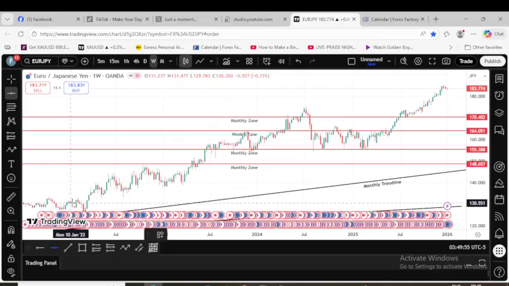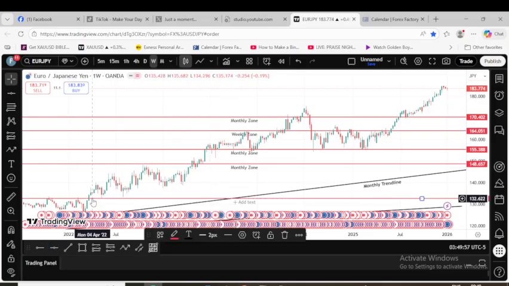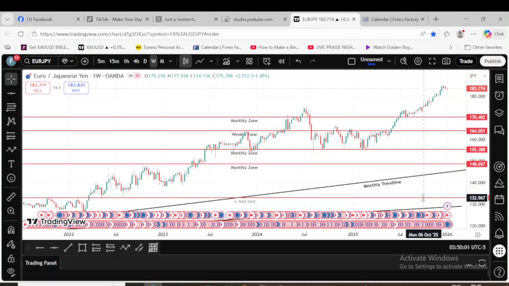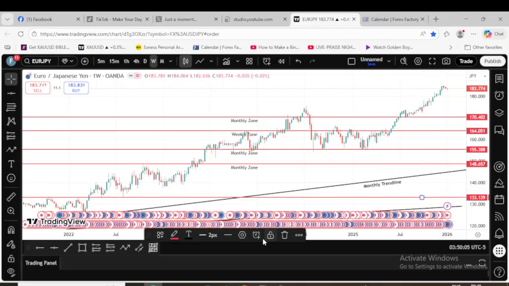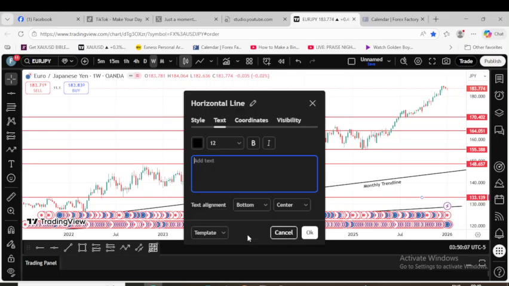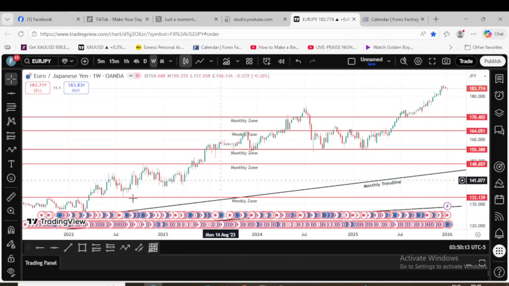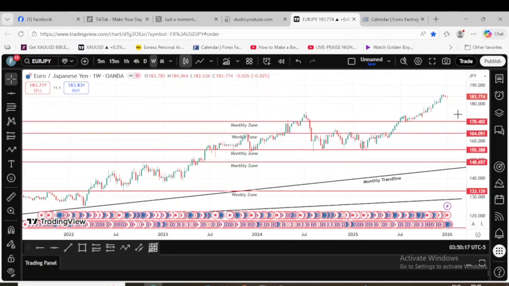This is a zone around here. And then for the trend line, there are trend lines I can draw here, but they will just end up being invalid.